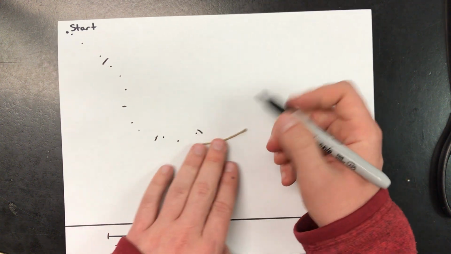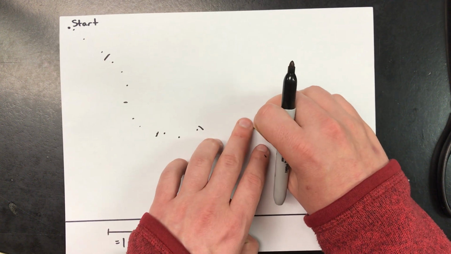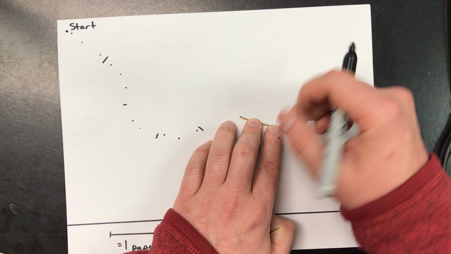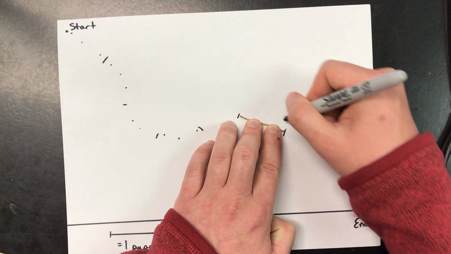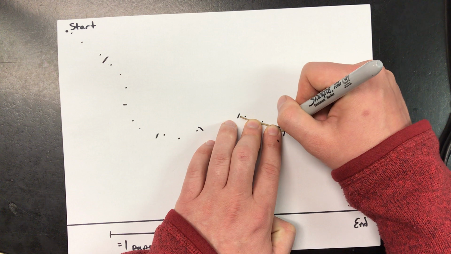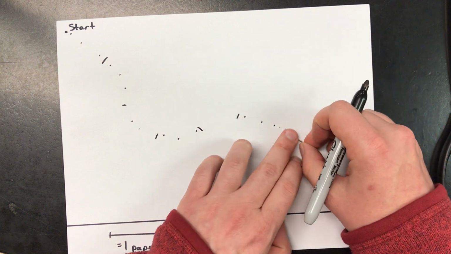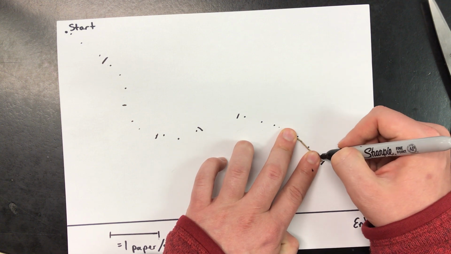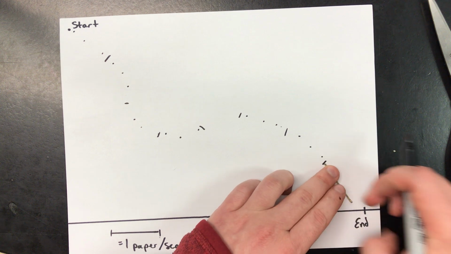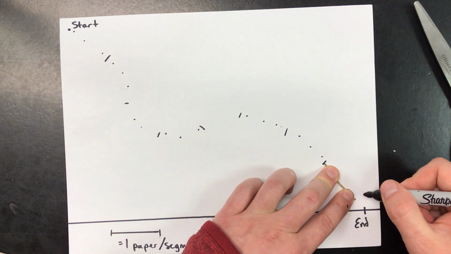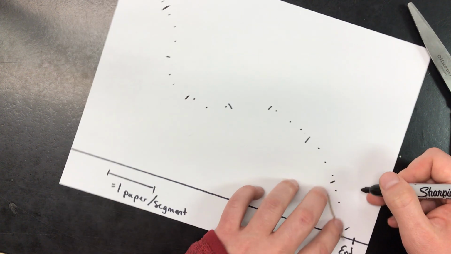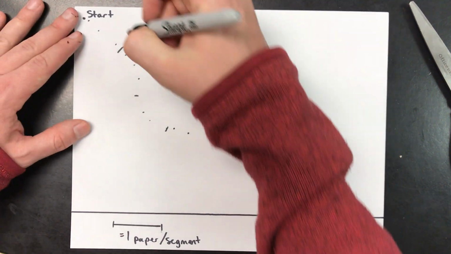Okay, so you can see there's a ramp. Okay, so from here, what you just do is you connect the dots.